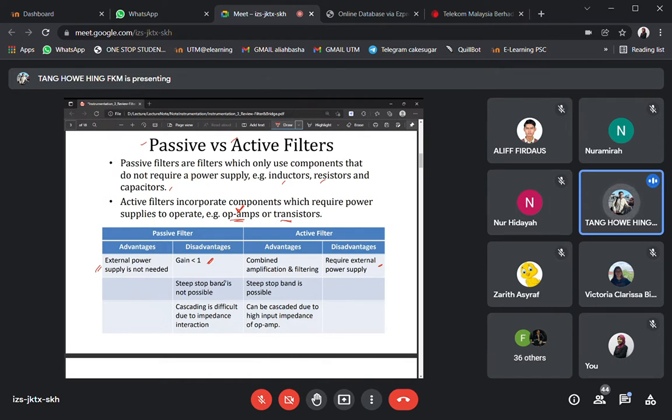And then secondly, a steep stop band is not possible. There is a cutoff frequency, and if we want to achieve a very steep cutoff, then we cannot do that. And thirdly, cascading is also very difficult because of impedance interactions.